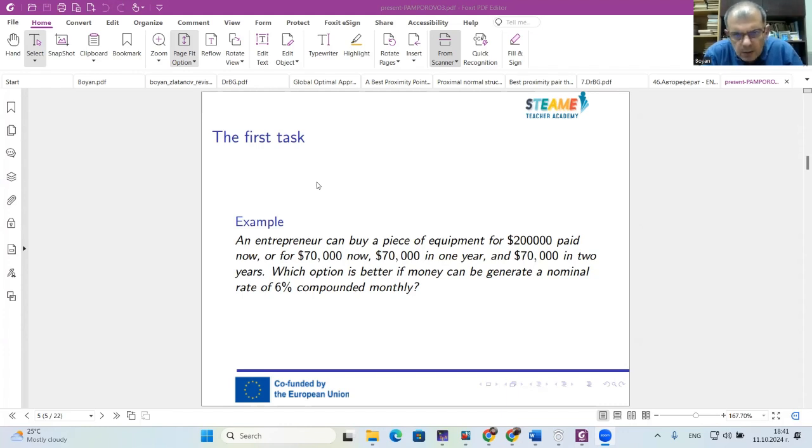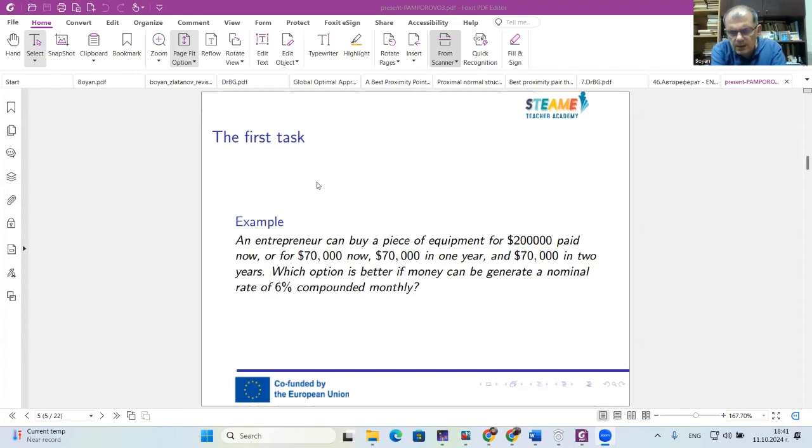A person wants to buy a new piece of equipment, and when he goes to the store, the seller says to him: 200,000 paid right now, or you can pay it in 3 equal parts of 70,000, over 3 years.